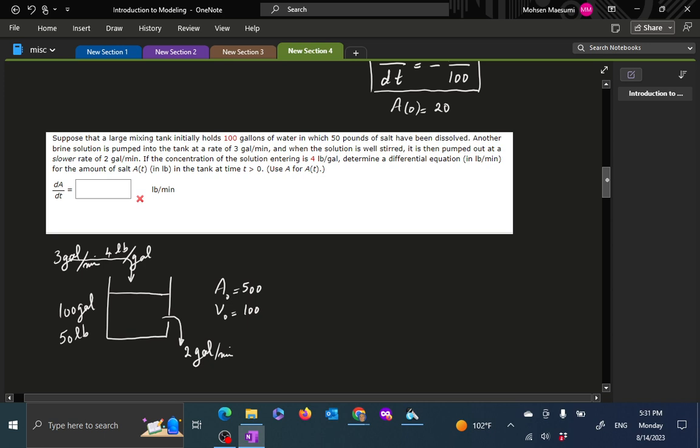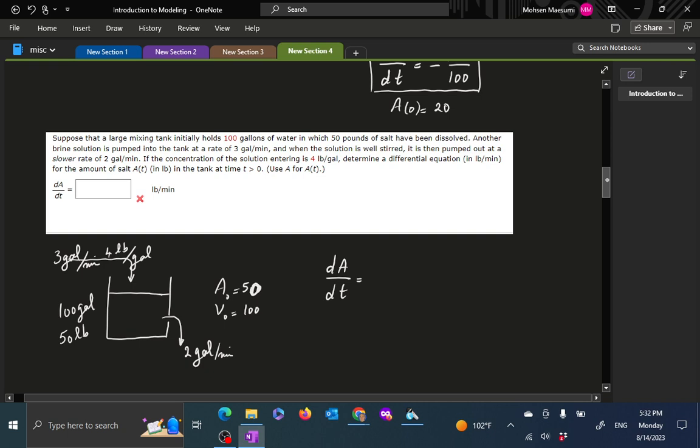What it's asking us is to write a differential equation. So we want to write the differential equation, the harder part. What is dA/dt? A0 is easy, it's 50 pounds.